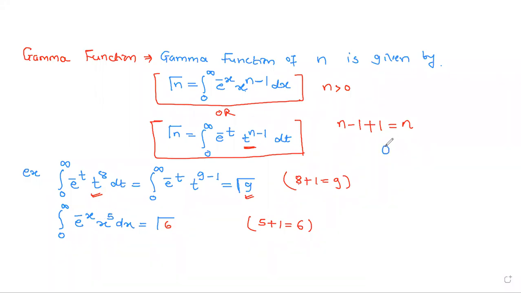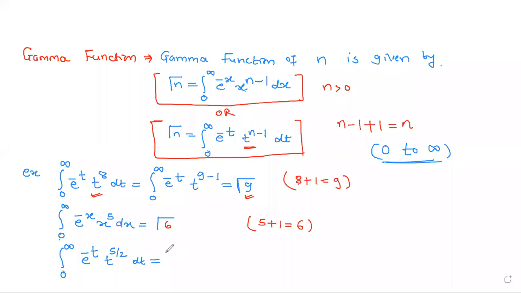The limit of the gamma function is only for 0 to infinity, not any other. Remember, the limit of gamma integration is always from 0 to infinity. The exponential term is compulsory here. So suppose there is a term e raised to minus t and t raised to 5 by 2. It is a rational number, but it is positive.